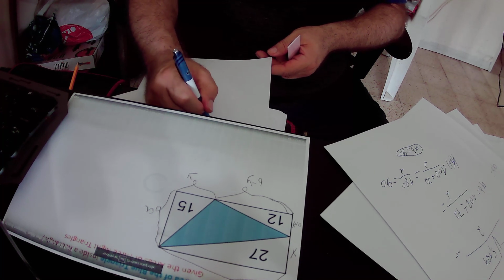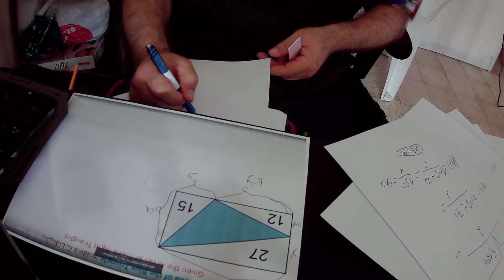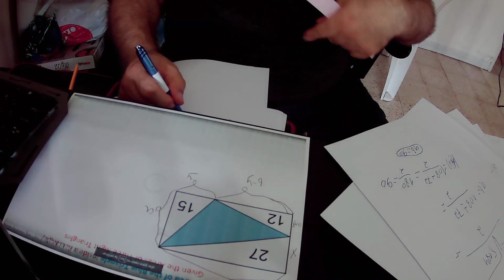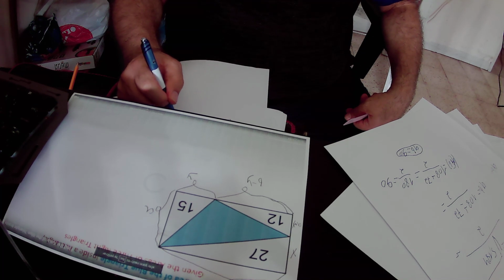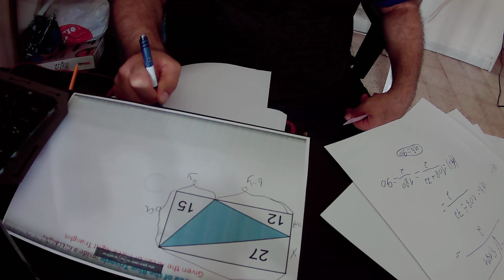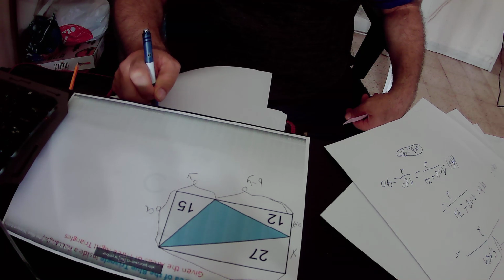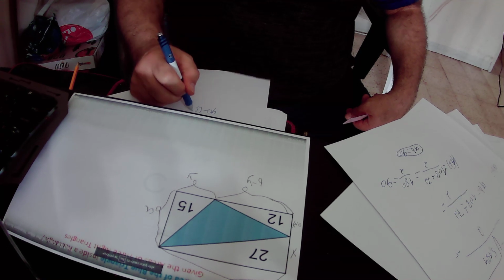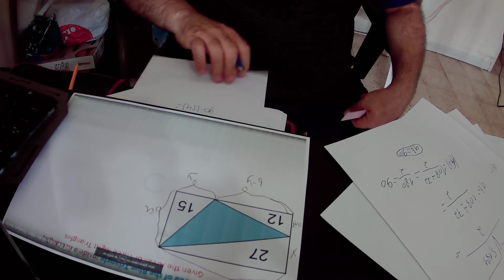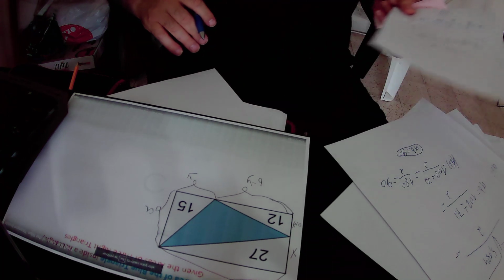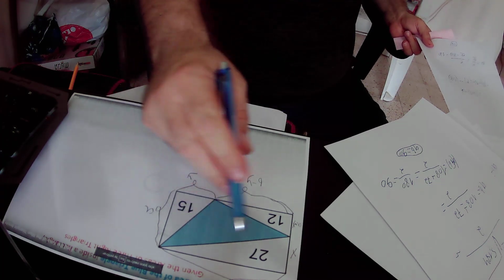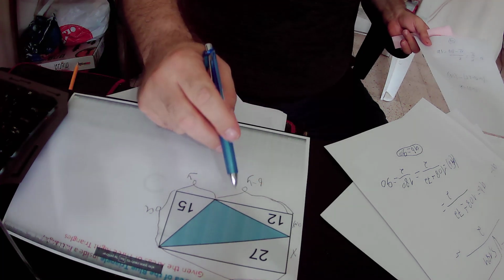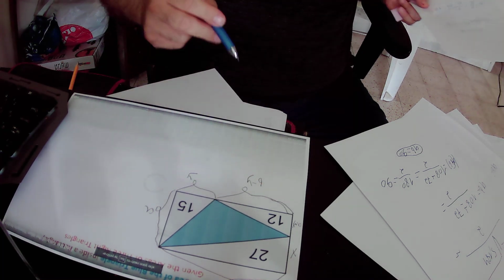Okay, and 90 units minus the areas of the three right triangles, the area of the rectangle minus the areas of the three right triangles, will be the area of the blue triangle.